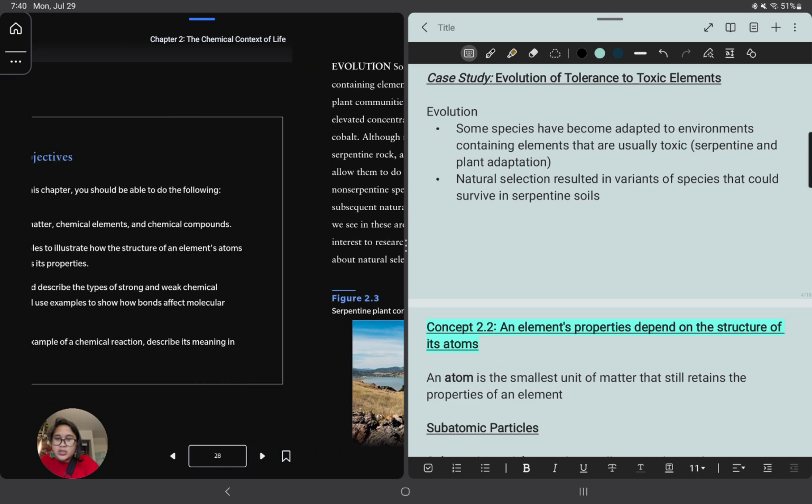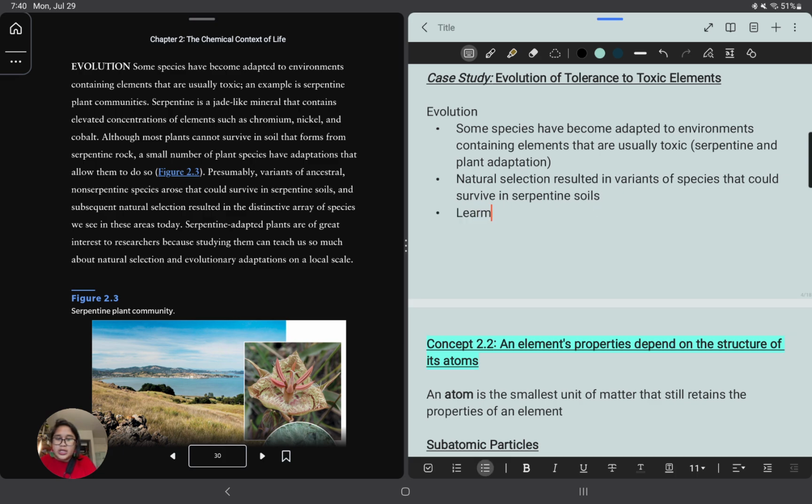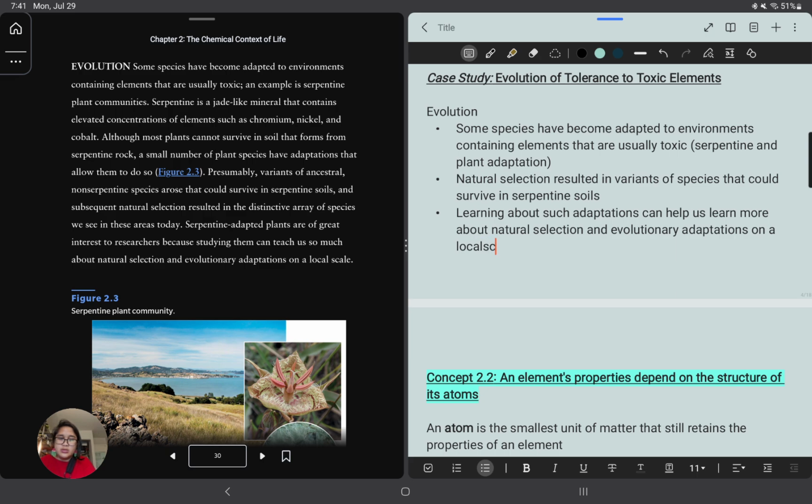And I'm just gonna write, learning about such adaptations can help us learn more about natural selection and evolutionary adaptations on a local scale.